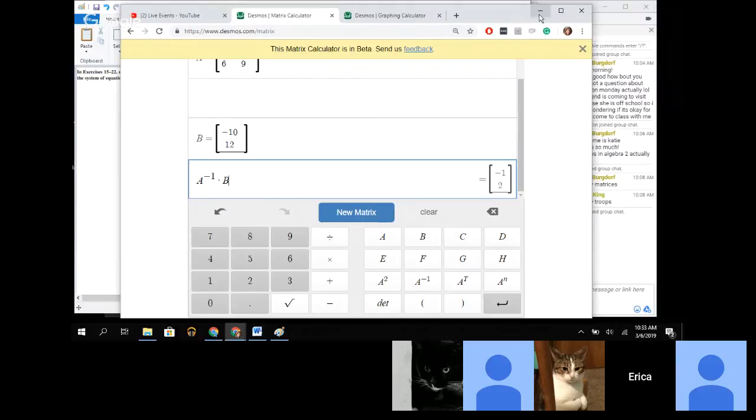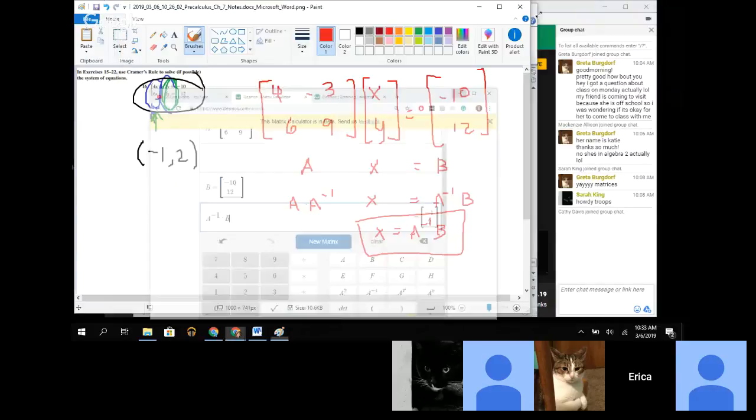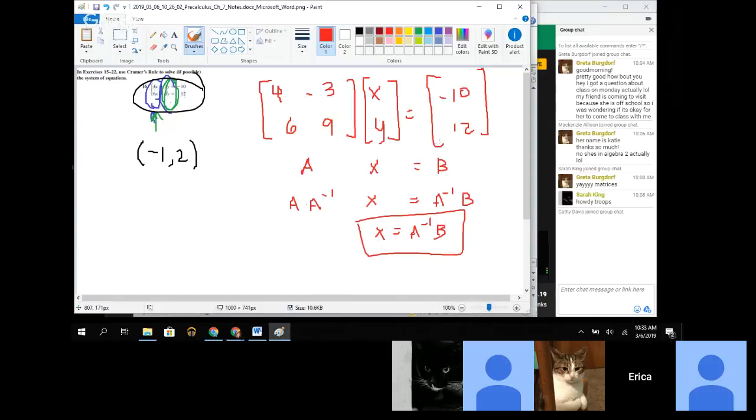So like I said, I just like that method because I think it's nice and clean and it makes sense to me, like the idea of taking the inverse and solving the matrix like you do an equation. But I do want to let you know that there is that way of doing Cramer's rule where you use the determinant to find your matrix. Okay. I also want to let you know that I am fine on number 15 through 21.